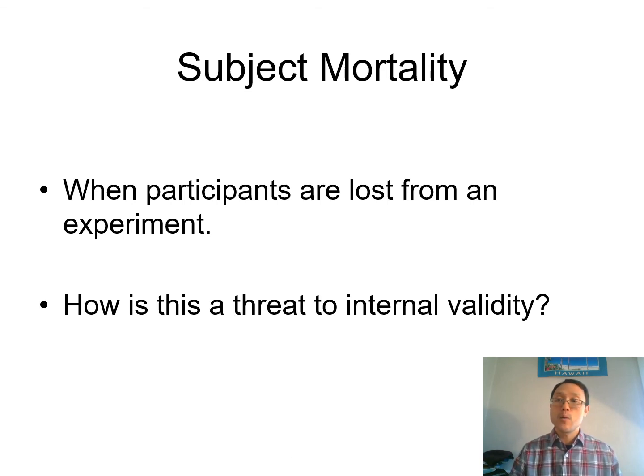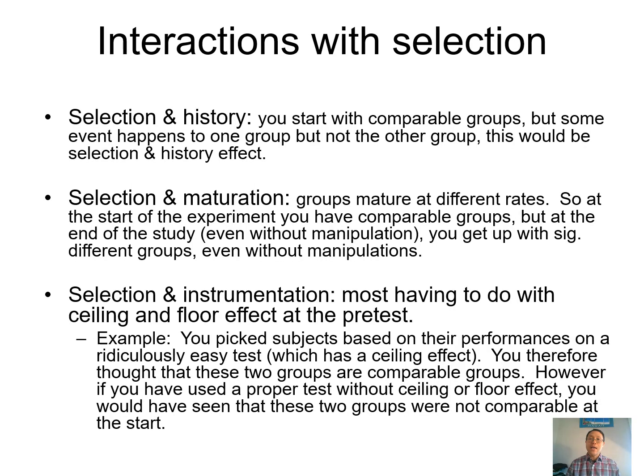Okay, now let's go to the next slide. This is the interaction with the selection. Sometimes you can have selection and history interaction problems, sometimes selection and maturation problems, and sometimes selection and instrumentation problems. Selection-history is when you start with comparable groups, but then something happens to one group that does not happen to the other.